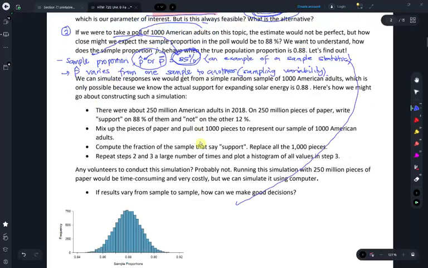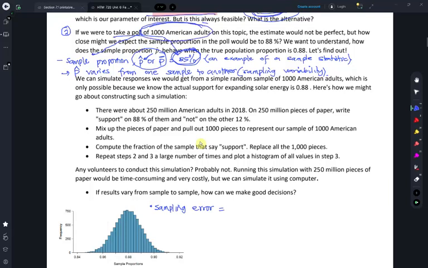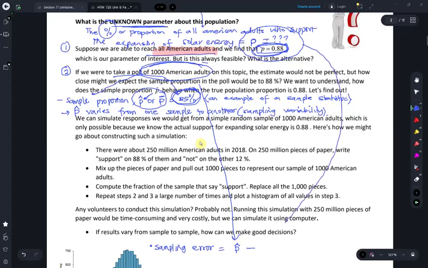And that helps us to define something called sampling error. Error not in the sense of a mistake, but in the sense of deviation from the actual value. In other words, if all we had was this sample response of 1,000 American adults, then what we get from that sample is a sample proportion called p-hat, and how far is it from the actual unknown, because that is what we really seek to know.